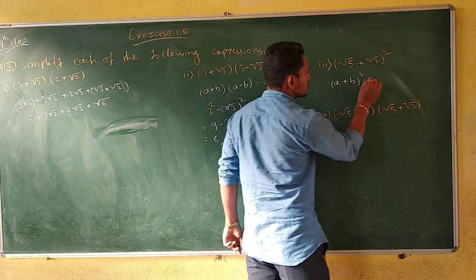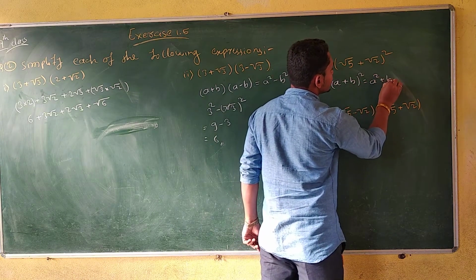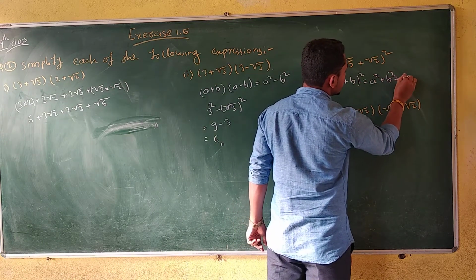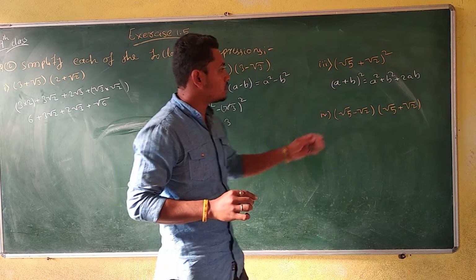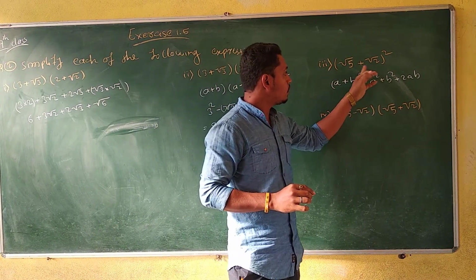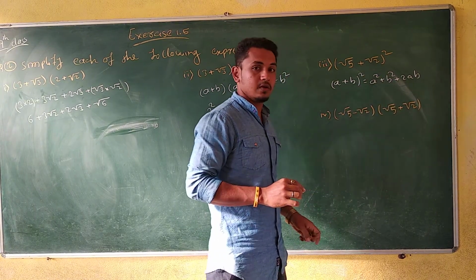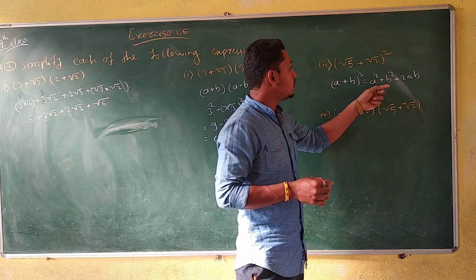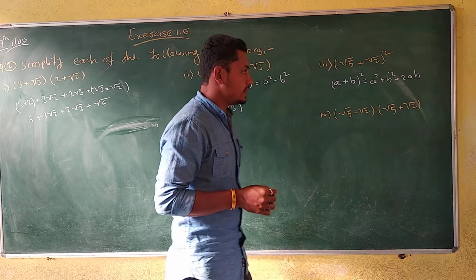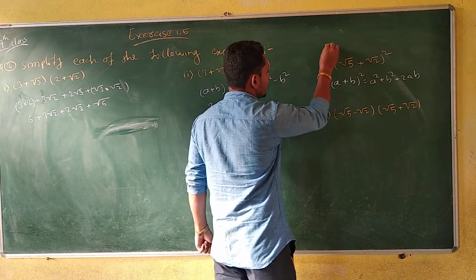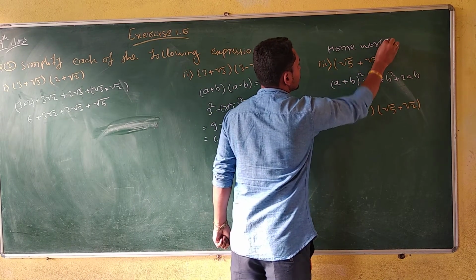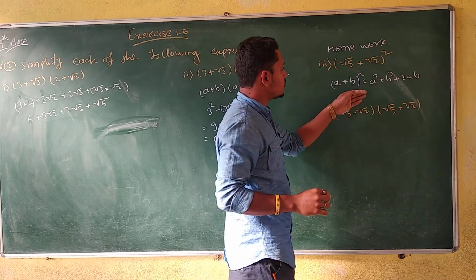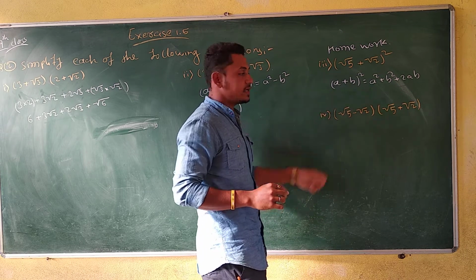A plus b whole square is equal to a square plus b square plus 2ab. So now we have to put these values in that equation. Then automatically you can solve this equation. This is your homework. You can solve it using this identity at home.